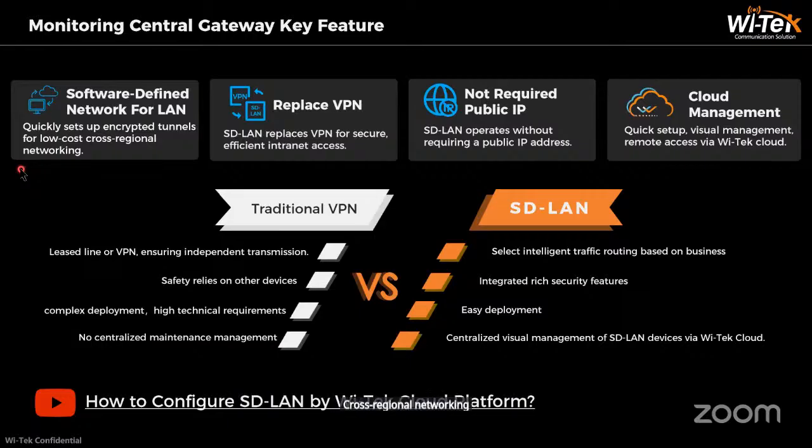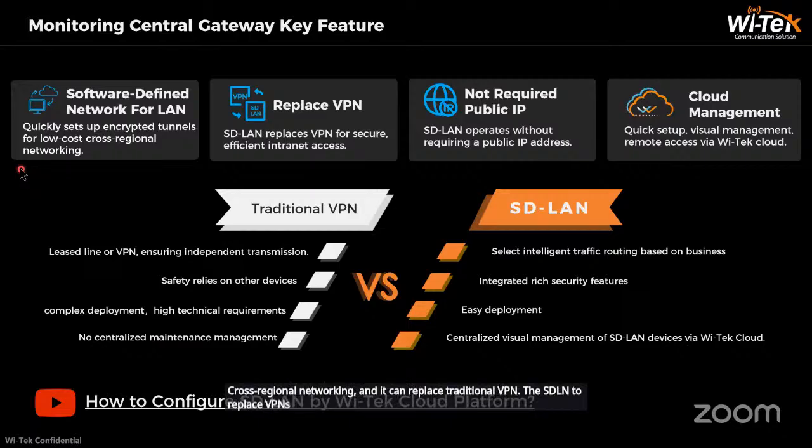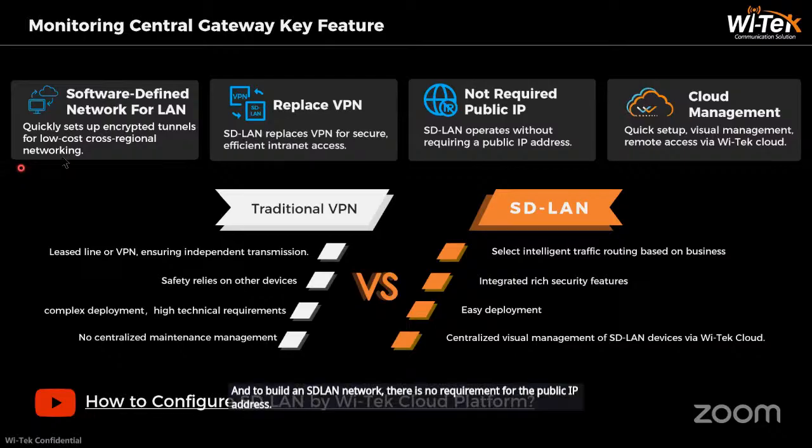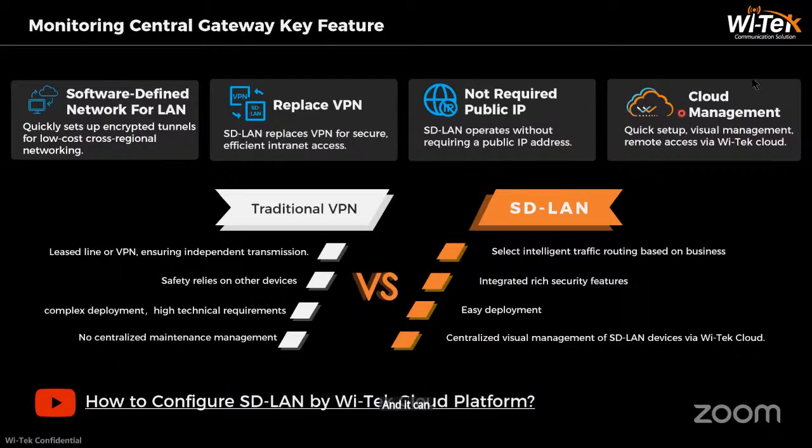It can replace traditional VPN, the SD-LAN replacing VPNs for secure, efficient internet access. To build an SD-LAN network, there is no requirement for a public IP address, and it also offers quick setup and visual management of remote access via Wi-Tek Cloud.